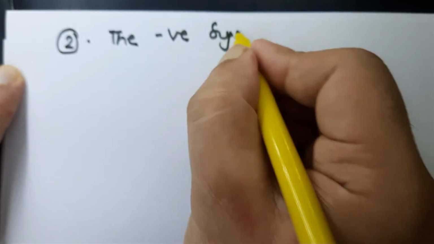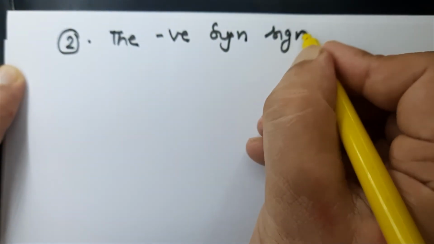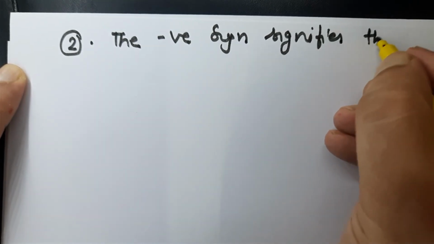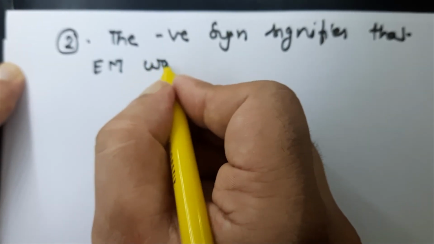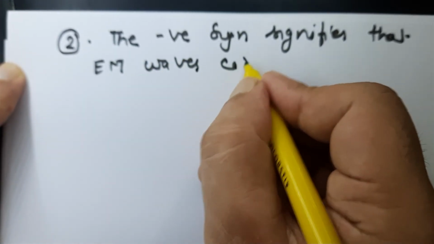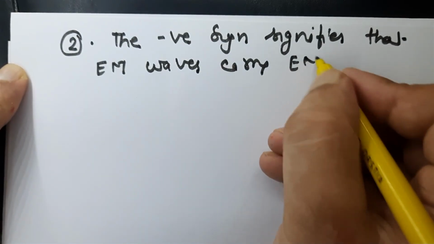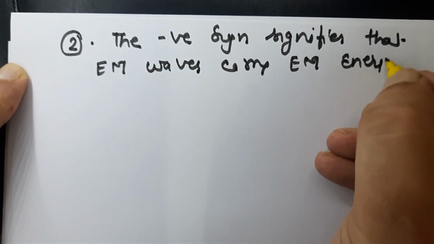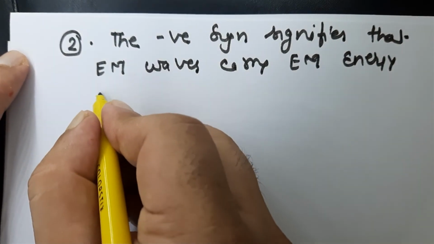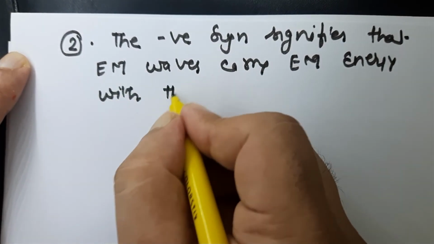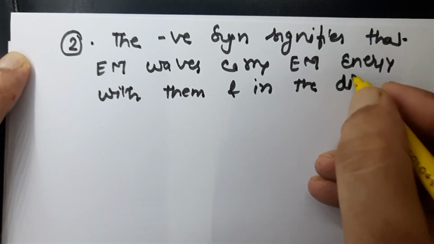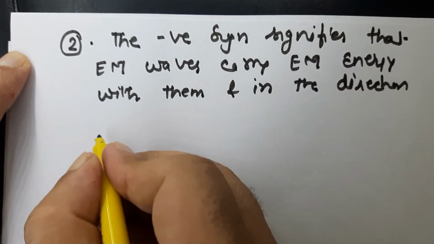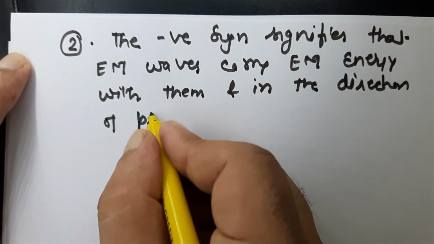The negative sign signifies that these EM waves carry electromagnetic energy with them, and in the direction of propagation of the EM wave.